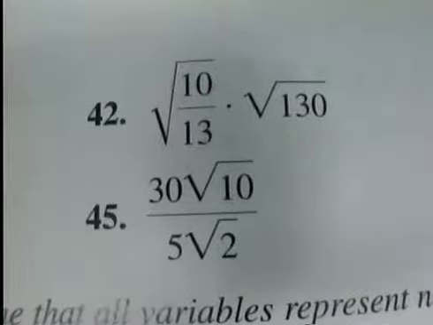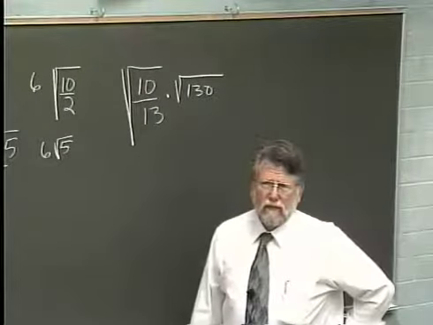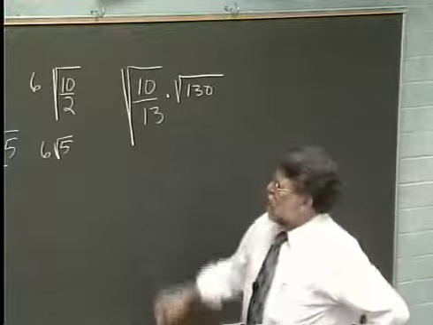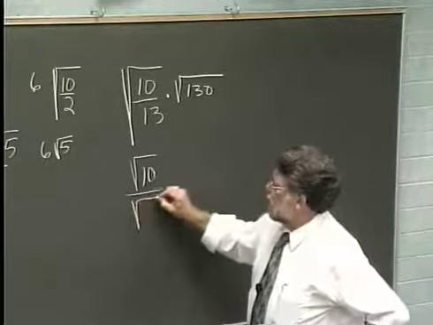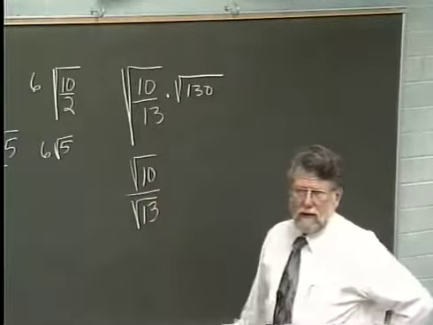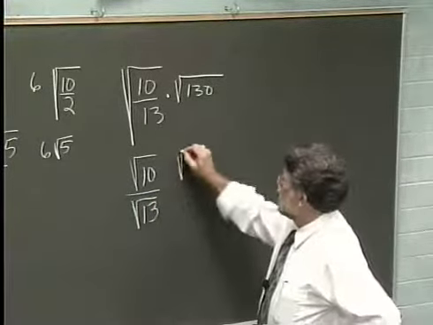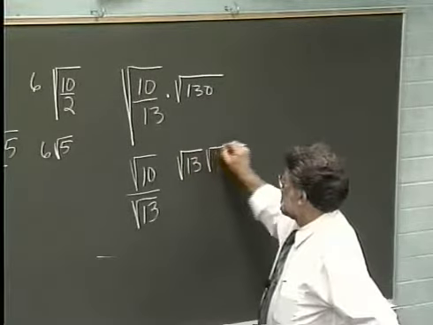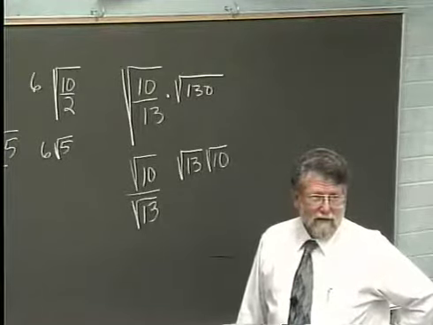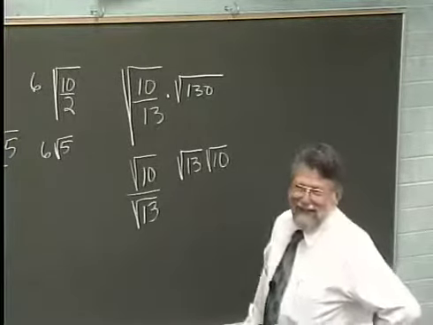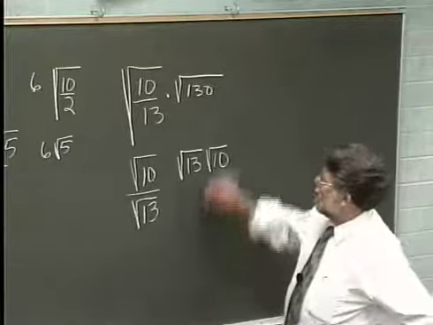The problem was the square root of 10 over 13, and then we put 130 in the middle. Break things up, that would be one approach, right? Does that work?